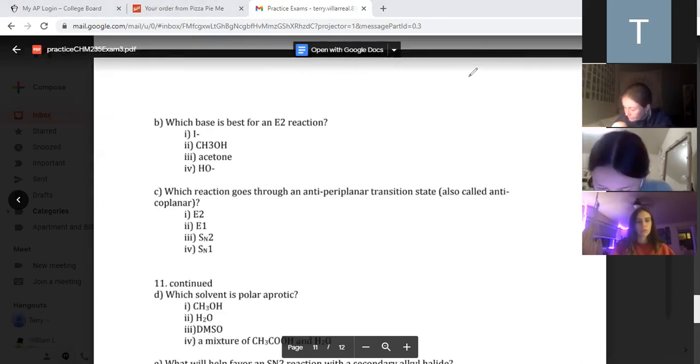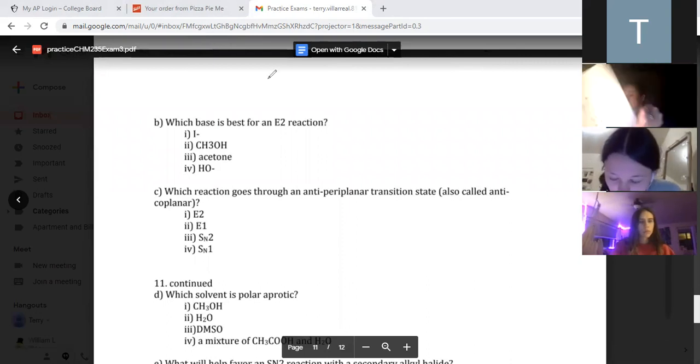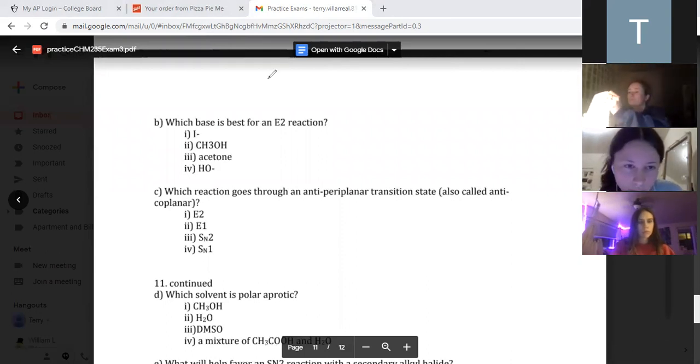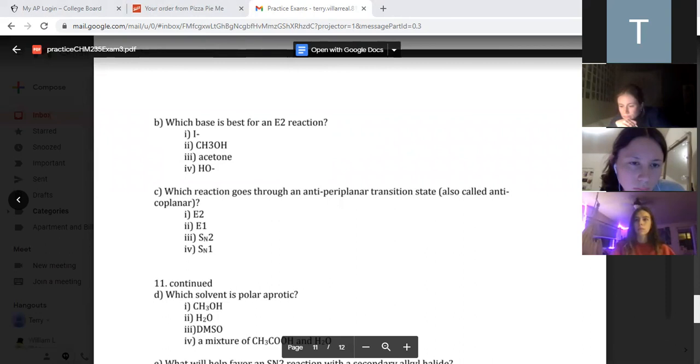Which base is the best for an E2 reaction? In E2, are we using weak base or strong base? Strong base. So which one's my strong base?